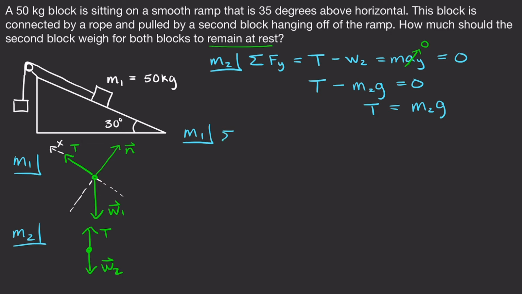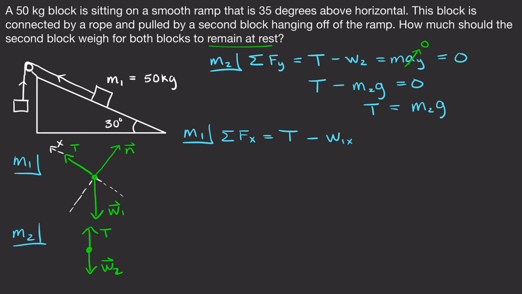I'll start with adding up the forces in the x direction. I will have tension. Okay, so this tension is going to be equal for both masses, since nothing is moving. So I have the tension minus the weight of the first block in the x direction.